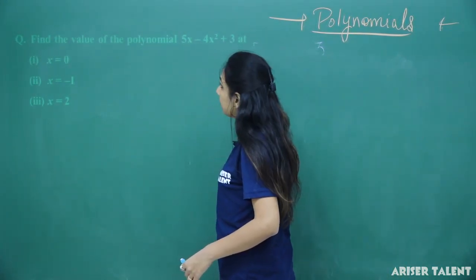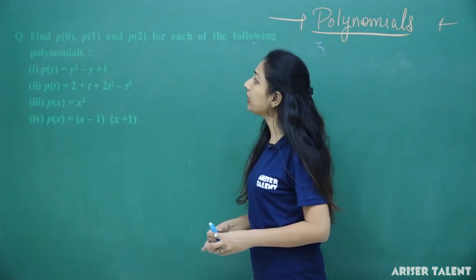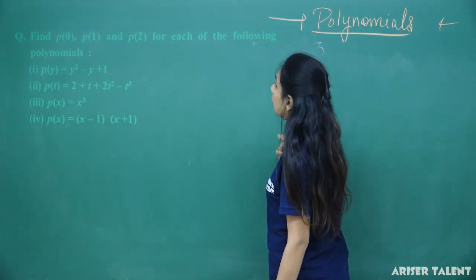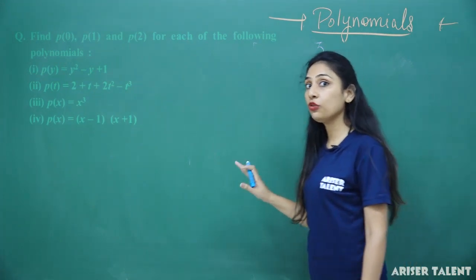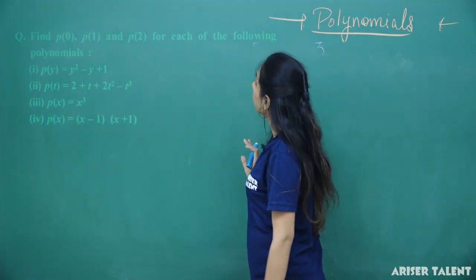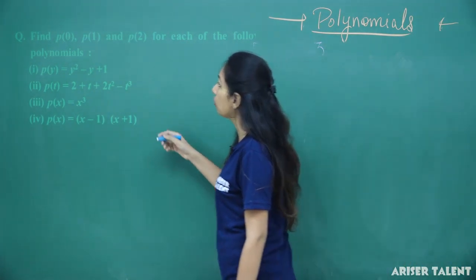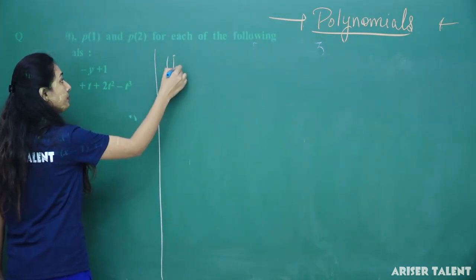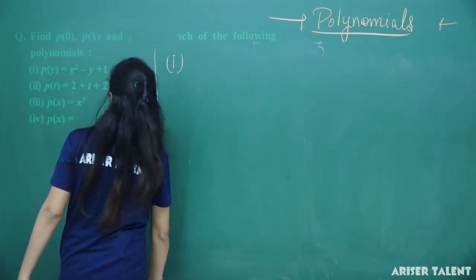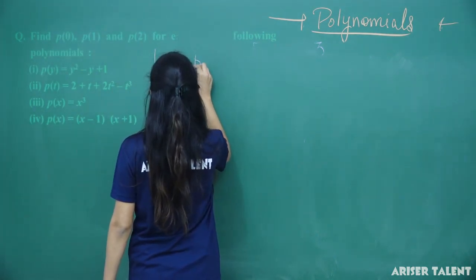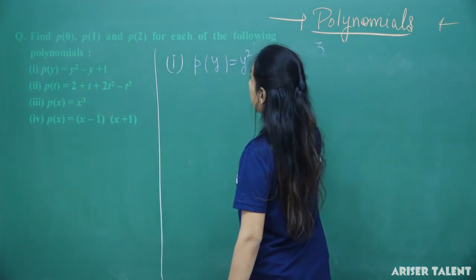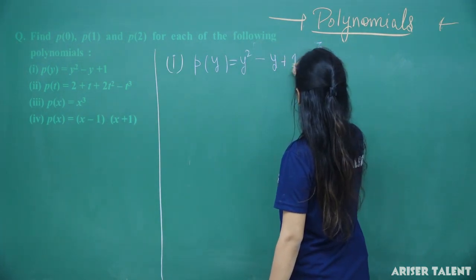Now next question, find P(0), P(1) and P(2) for each of the following polynomials. You have to find P(0), P(1), P(2) for each of the following polynomials. So for that you have this first particular question, P(y) equals to y square minus y plus 1, isn't it?